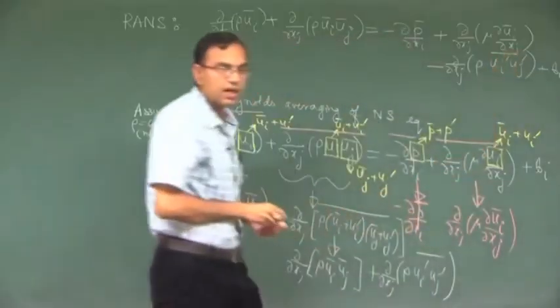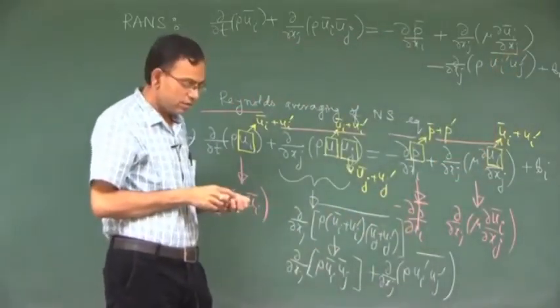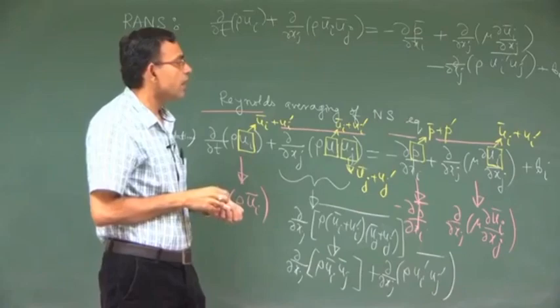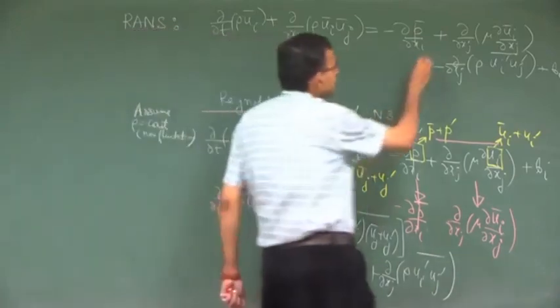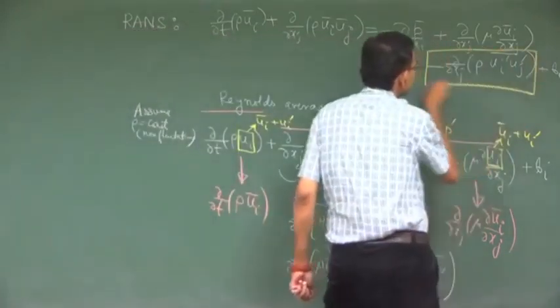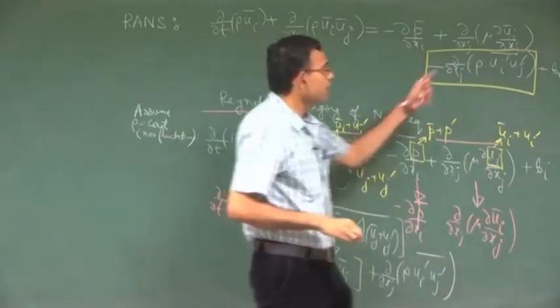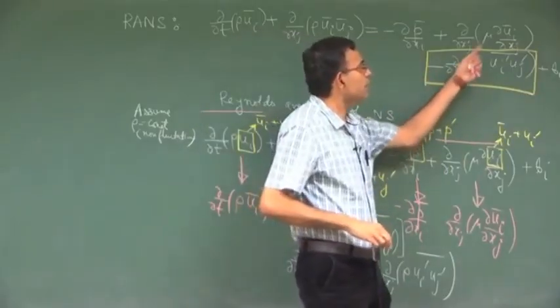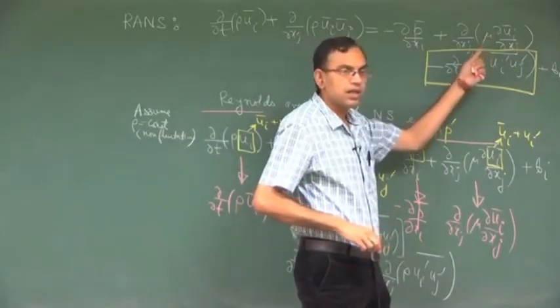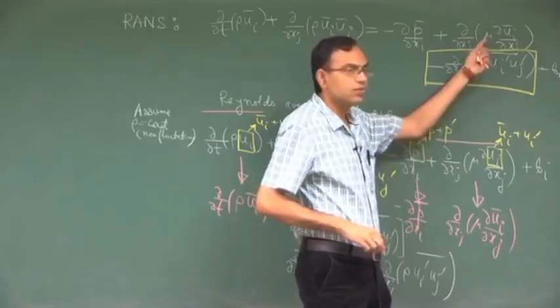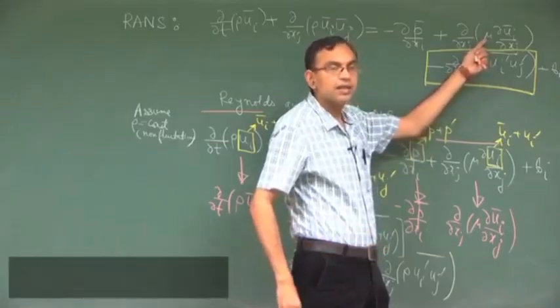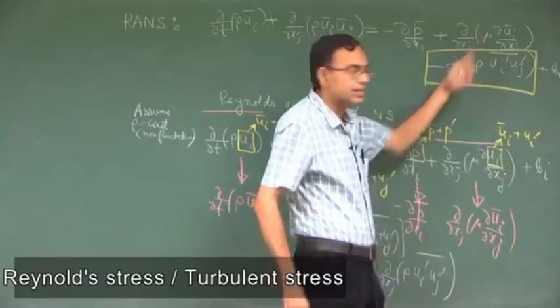This looks like the Navier-Stokes equation in an unaveraged sense, except for this additional term. This term, exactly because of the dimensional equivalence with this term, is called the Reynolds stress or turbulent stress.